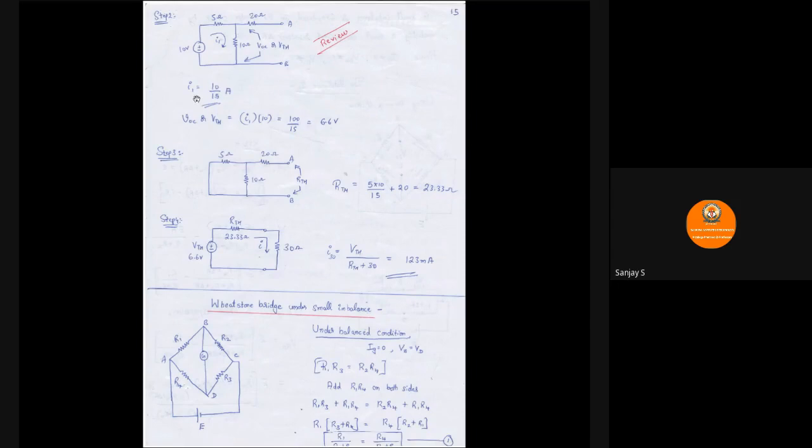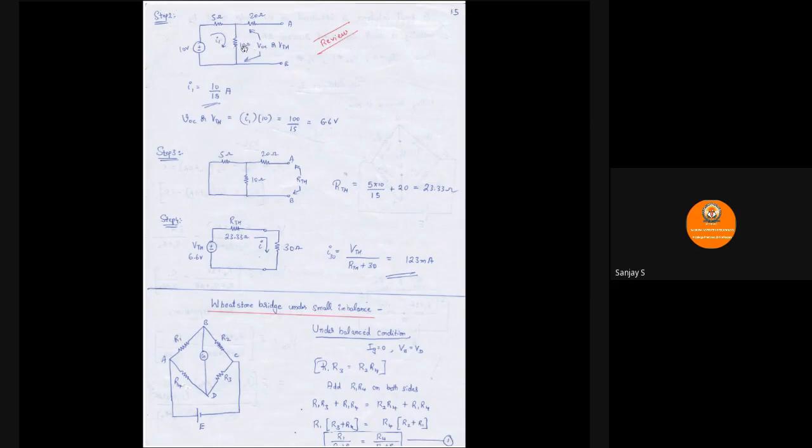Once I know I1, the product of I1 and this particular resistance will give me the voltage across this 10 ohm. Since A and B are open, the voltage across A and B is the same as the voltage across this 10 ohm, since no current is going to flow in the open part of the circuit. So the voltage across this 10 ohm will be the current flowing through it multiplied by the resistance 10.